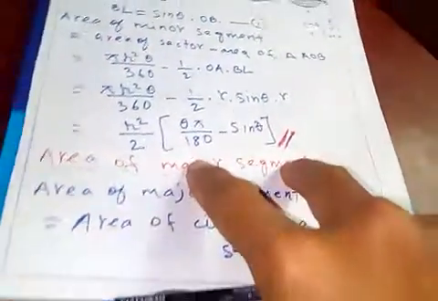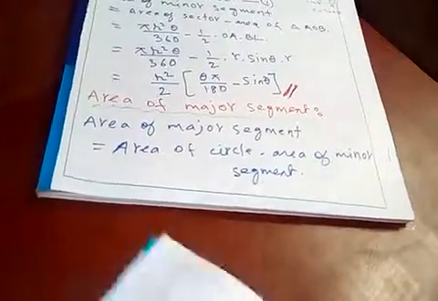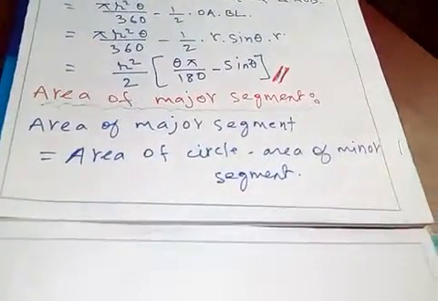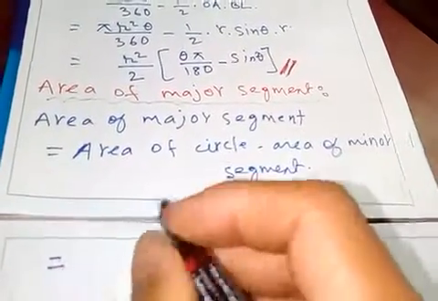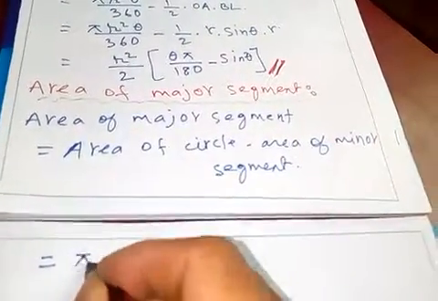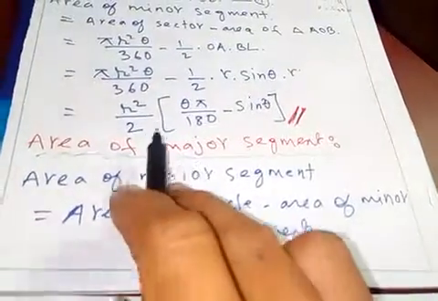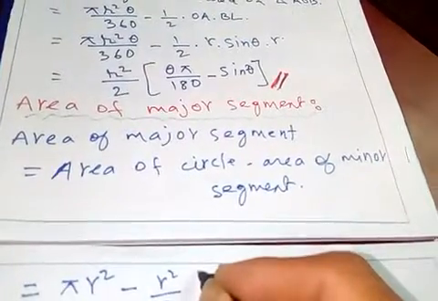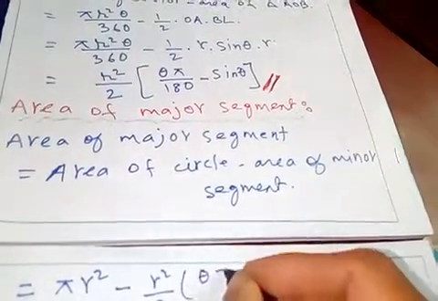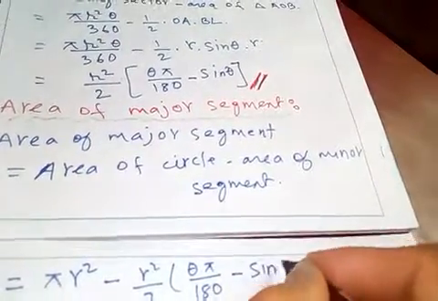Let me continue here. This is equal to the area of the circle, which we know is pi r squared, minus the area of the minor segment, which is r squared over 2 into theta pi over 180 minus sine theta.